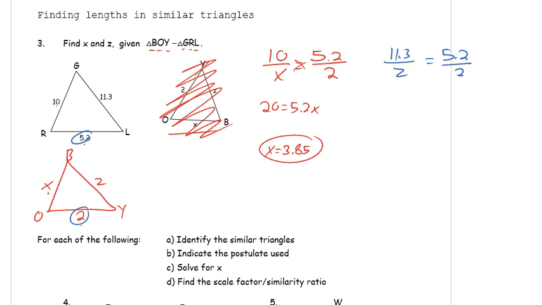There's x. To find z, same idea. So 11.3 times 2 is 22.6, and divide by 5.2 is going to give us, what does that come out to be? 4.35.